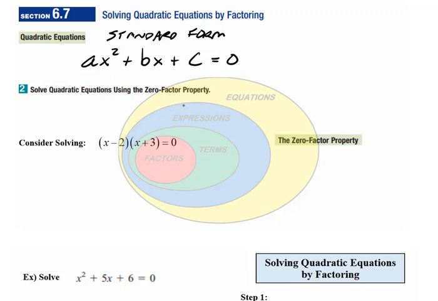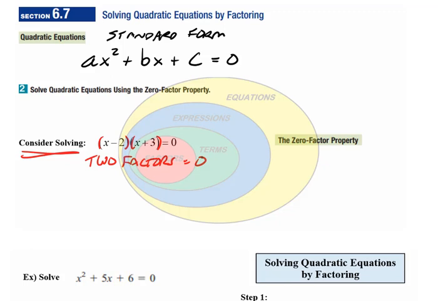And before we do that, I just want to talk about this equation down here. So consider solving x minus 2 times x plus 3 equals 0. And notice this is a factoring. We basically have two factors multiplied together equaling 0.